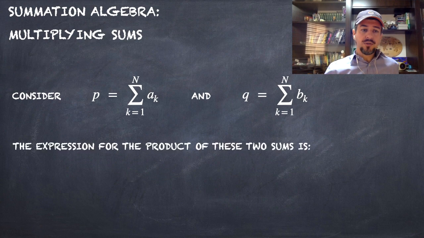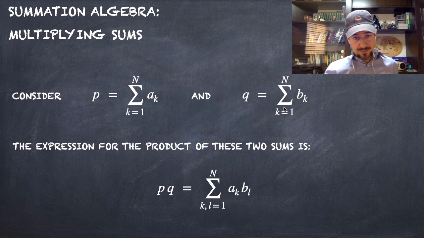So if we want to do the product of p multiplying q, we need to take care in using these summations with the same index. So we can change this k letter here to, for instance, l. So it's going to be the summation of l from 1 to n of the terms b_l. And now we can do the product. So p multiplying q is going to be the double summation of a_k b_l.